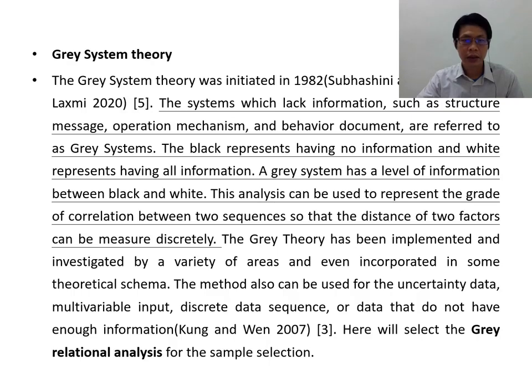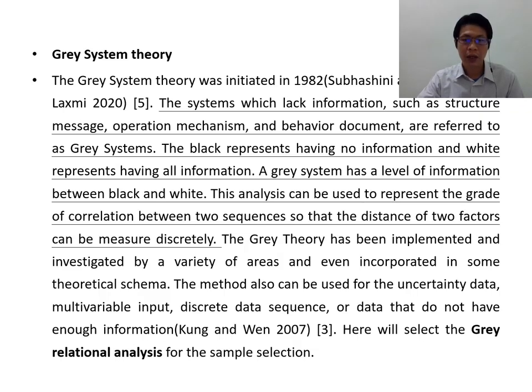The second is the grey system theory. The grey system theory was introduced in 1982 by Dr. Deng Julong from China. A system which lacks information, such as structural message, operation mechanism, and behavior document, is referred to as a grey system. Black represents having no information, and white represents having all information.